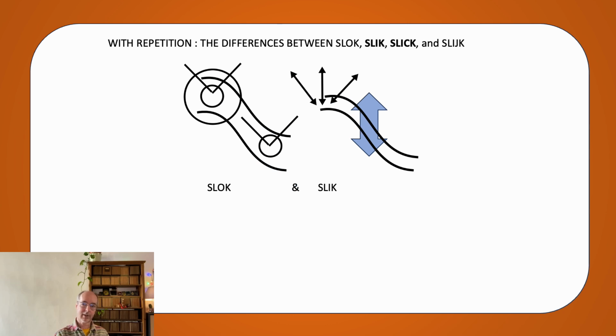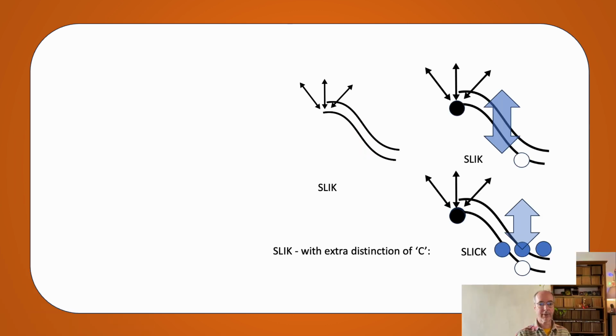So SLOK and SLIK. Now let's compare SLIK with SLICK with a CK. There's an extra distinction with the CK. Slick is to swallow. Being slick is something completely different. But anyway, it has the same structure. So what is the difference?